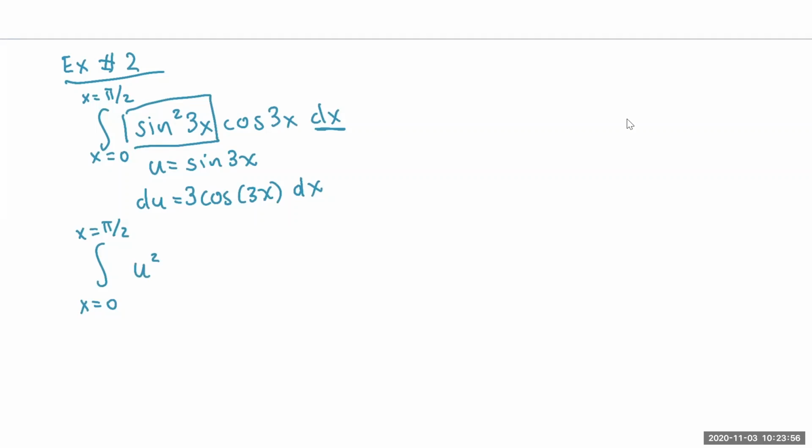Now that we have a constant in our du expression, and I don't want you to mess up on that part, like is it 1/3 or is it 3, what I'm going to do is solve for dx. I'm going to divide both sides by 3 cosine of 3x. Basically dx is equal to du over 3 cosine of 3x.